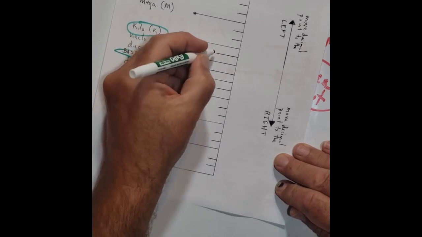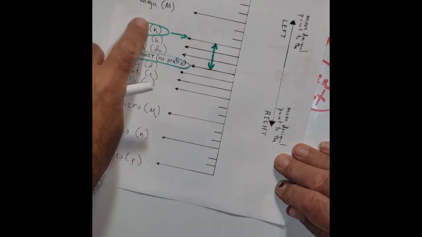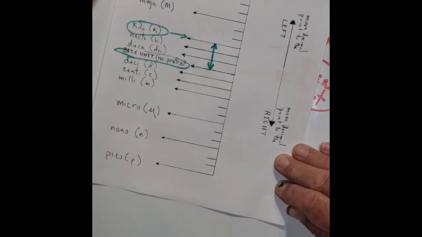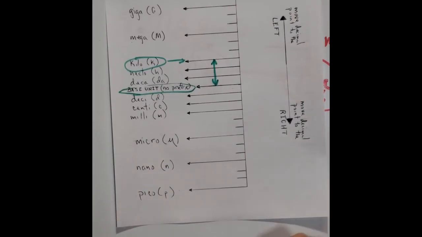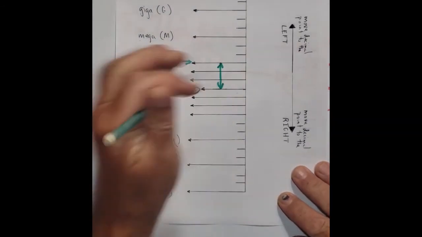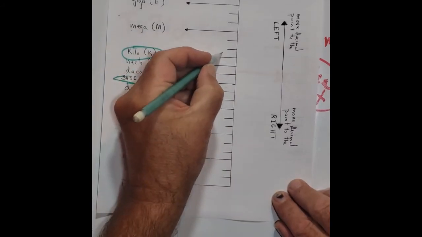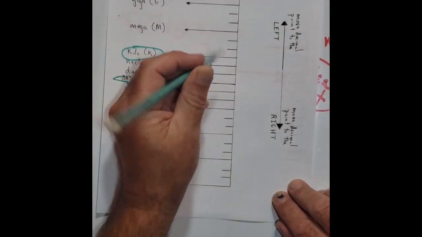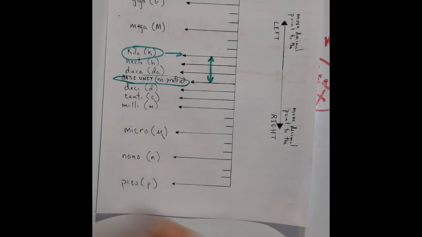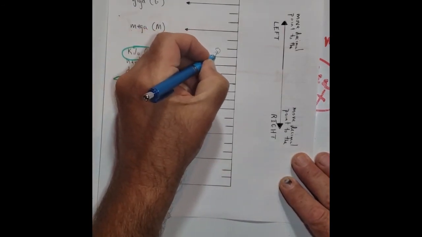So what we need to do is simply determine how far apart the base unit and kilo are. It's how many jumps of the ladder. When we look at kilo, which is our starting point, we're starting right here. Let's draw a little guy right here up on my kilo line.